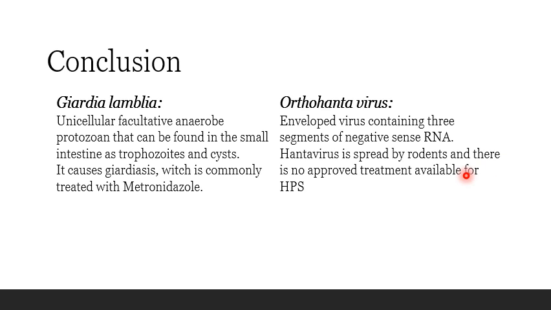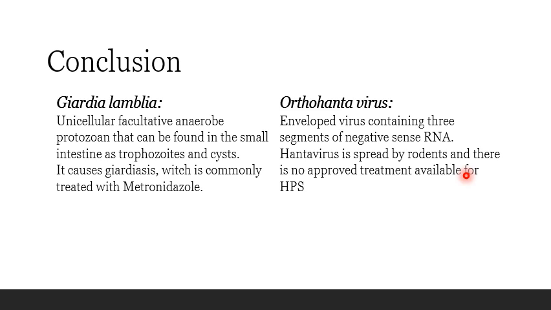Okay, and then we get to the conclusion. So in really short, Giardia lamblia is a unicellular facultative anaerobe protozoan that can be found in the small intestines as trophozoites and cysts, and it causes giardiasis, which is commonly treated with metronidazole.